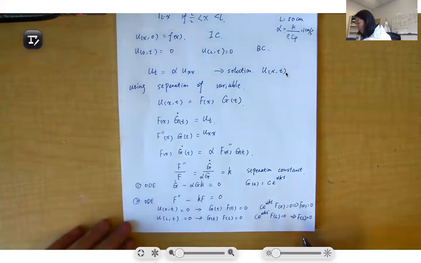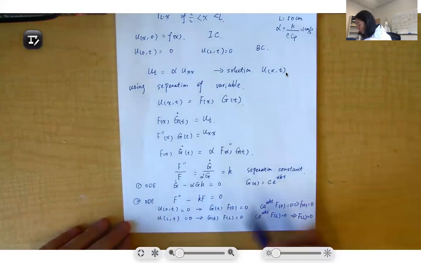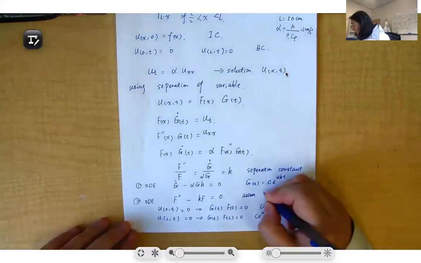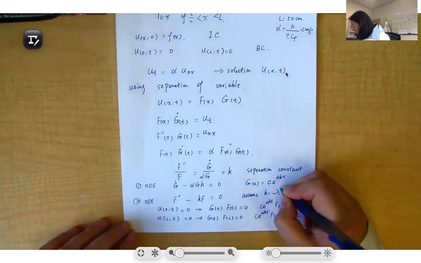So now we have this, let's assume that this k is minus lambda squared.